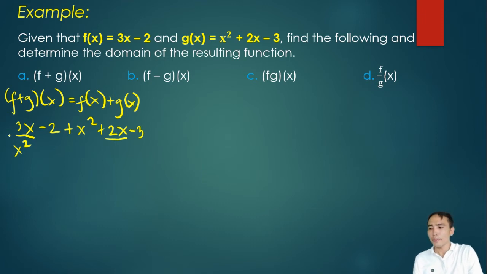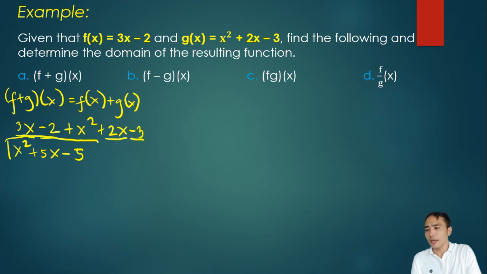So 3x plus 2x is 5x. And then the two constants, we have negative 2 and negative 3. Negative 2 minus 3 is negative 5. And this will be the value of f plus g of x.